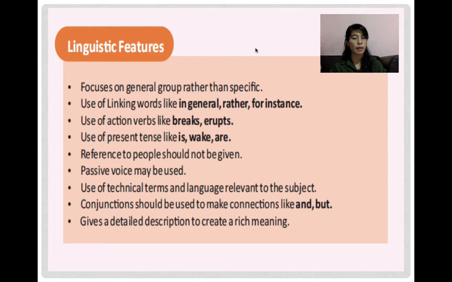Passive voice may be used. Use of technical terms and language relevant to the subject. And conjunctions should be used to make connections, like and, but. So give a detailed description to create a rich meaning. So remember, passive voice may be used.